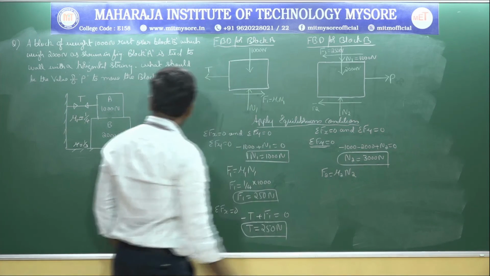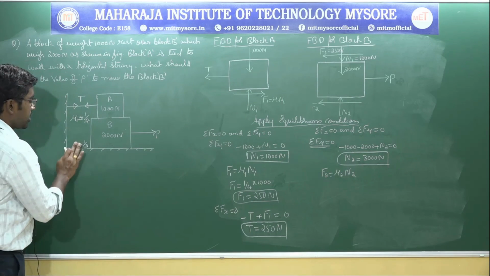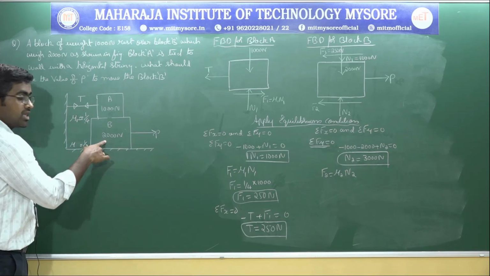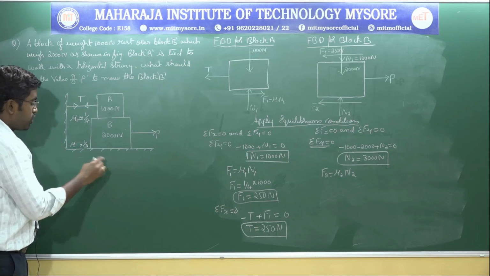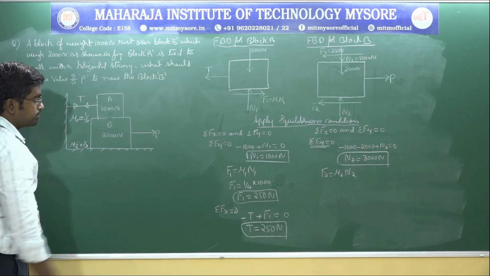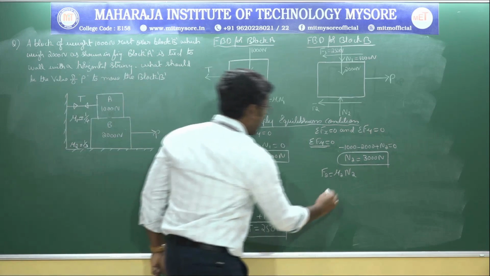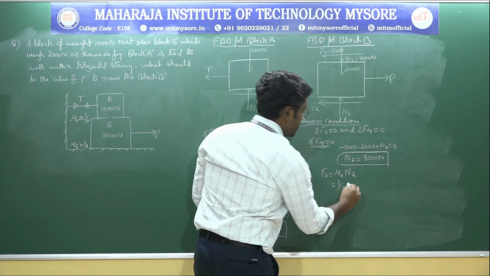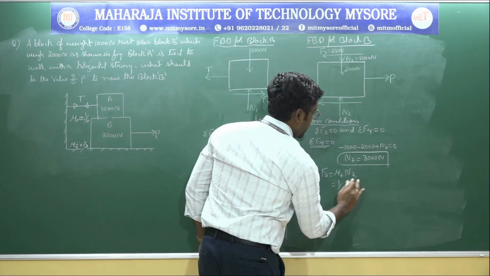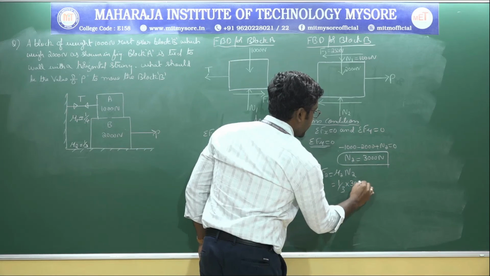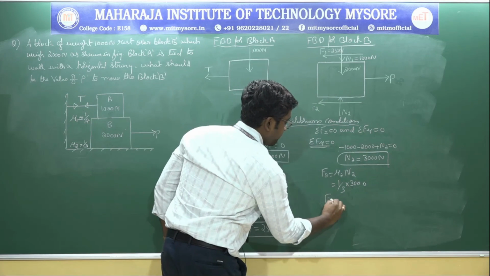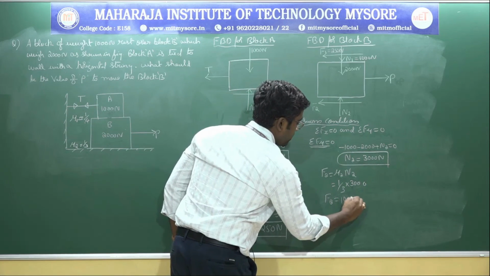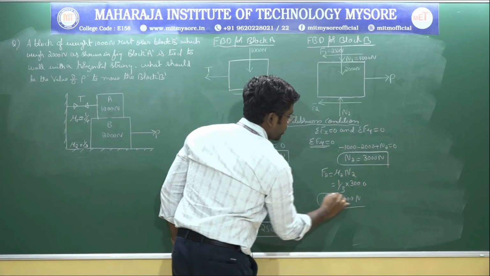So here mu2 will be the coefficient of friction between the block B and the horizontal floor. So this will be mu2, and that will be equal to 1/3, and N2 will be equal to 3000. If you simplify this, F2 value will be equal to 1000 Newton.